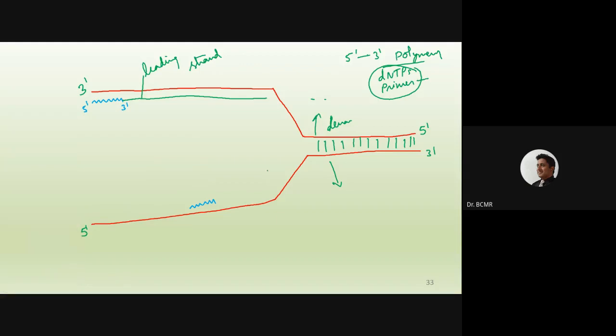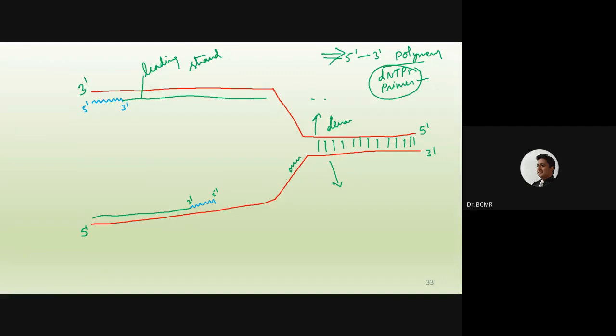There is a problem because we have 5' here, 3' here. Polymerization always happens 5' to 3'. So DNA polymerase can only add in this direction, right?